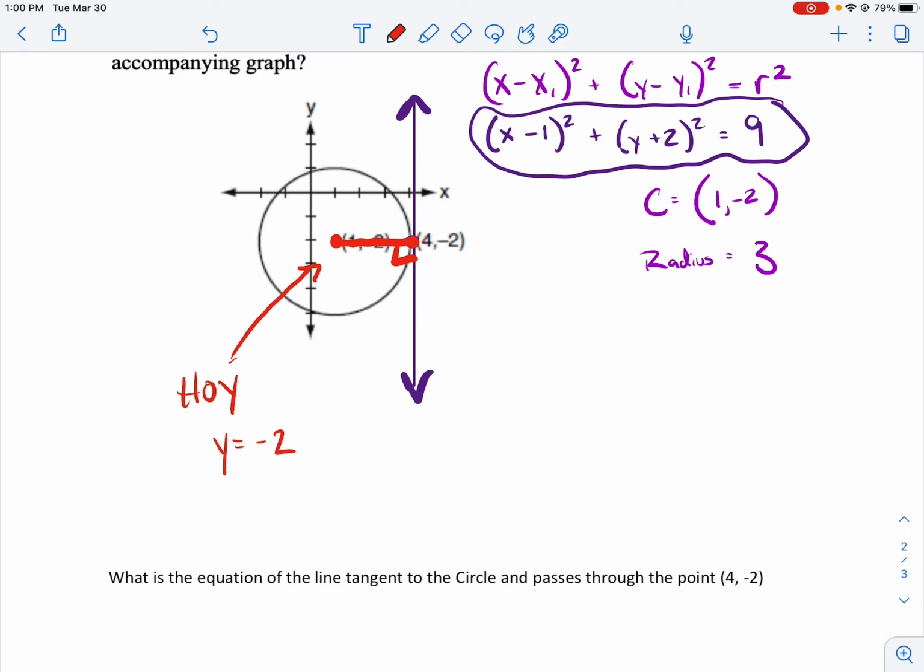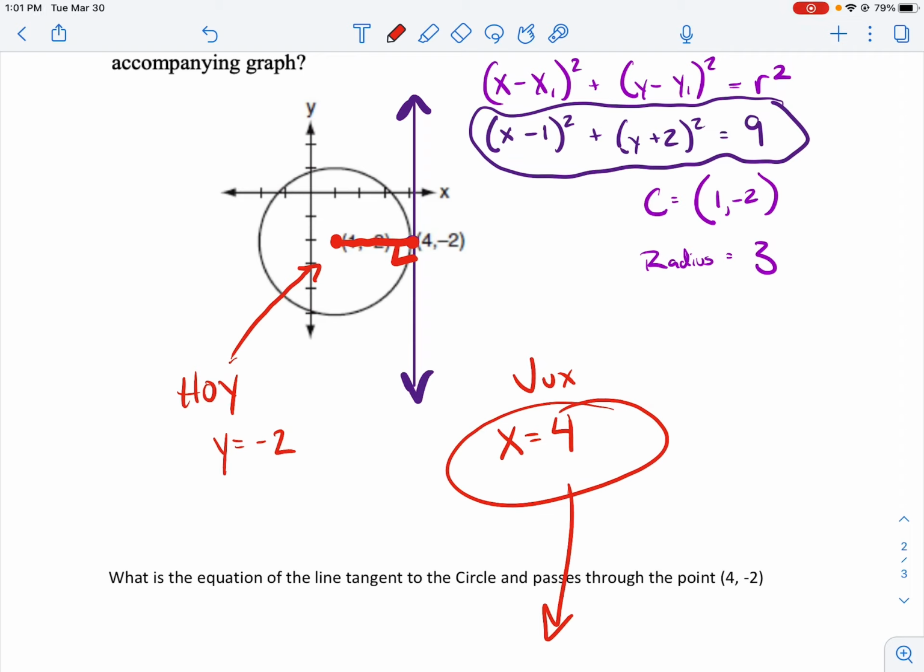And so a line that's going to be tangent to the circle and perpendicular to that line segment would have to be a vertical line, and it would have to be x is equal to 4. So that's the equation of a line tangent to the circle passing through that point. Again, these two lines are perpendicular, with negative reciprocal slopes.